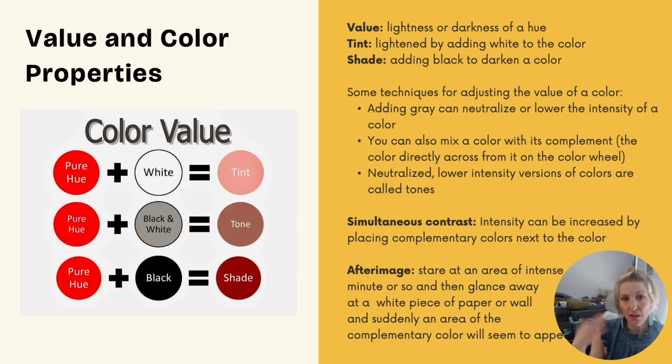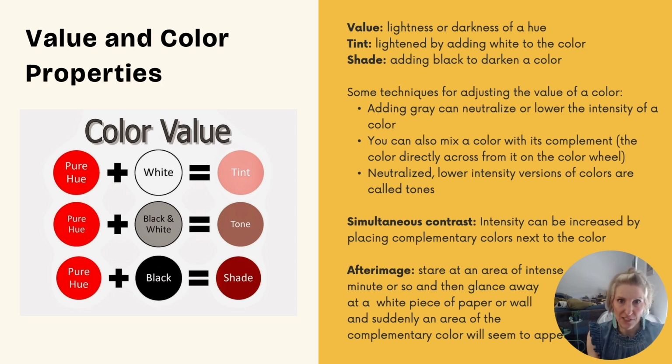So within those color properties, we have value, which is the lightness or darkness of a hue. We have a tint. So a tint of color is lightening a color by adding white to it. We have shade. A shade of a color is adding black to darken a color.